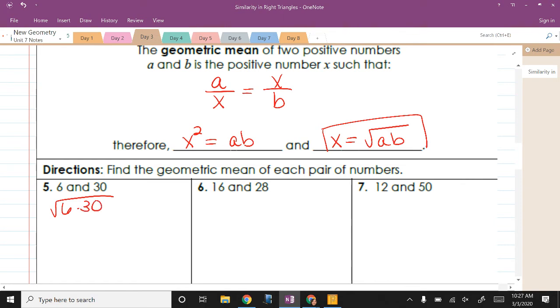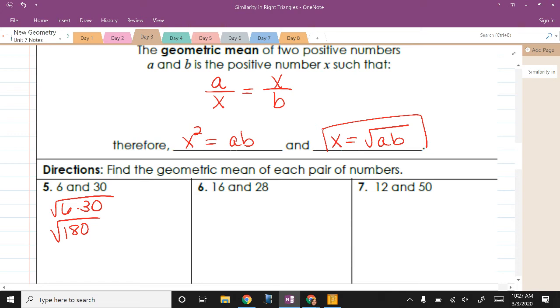It's simple. You do have a quiz problem like this tomorrow. You are not going to tell me a decimal. We're going to simplify the radical. So what is 6 times 30? It is 180. So the square root of 180.